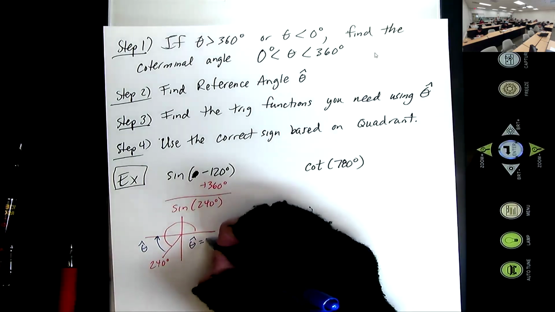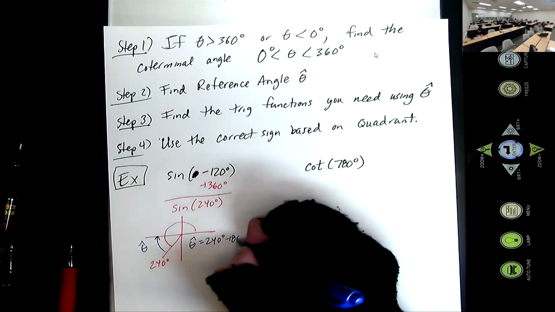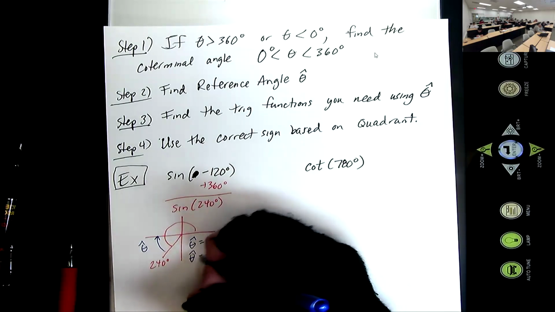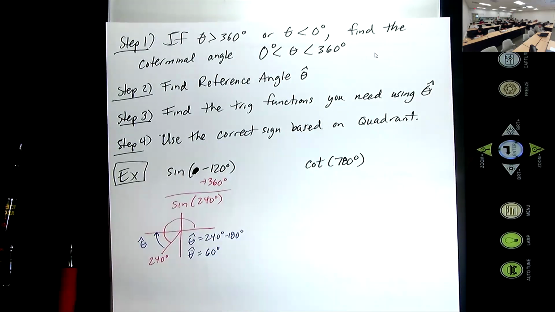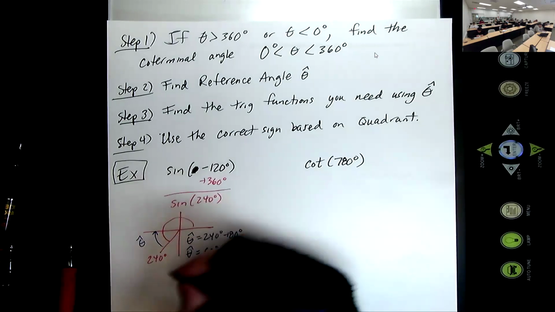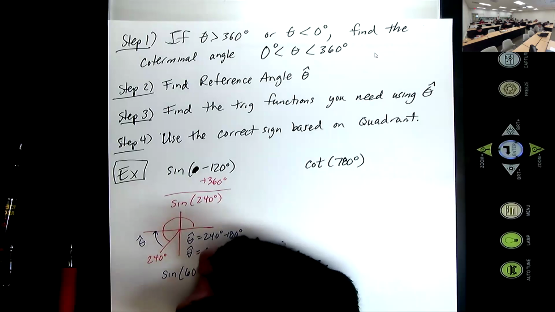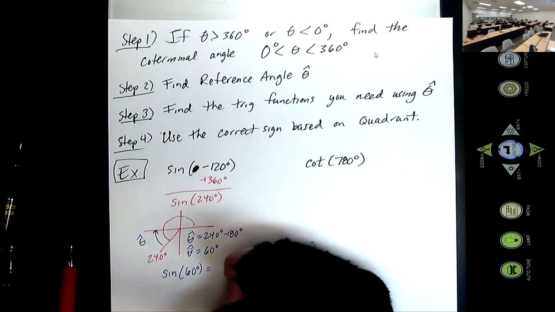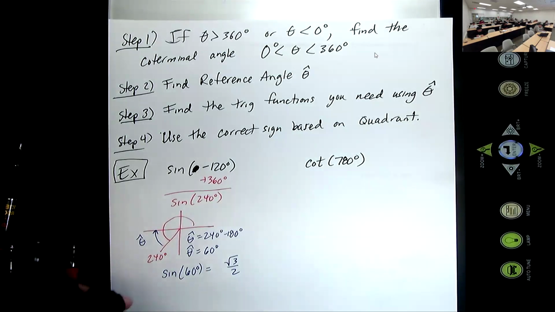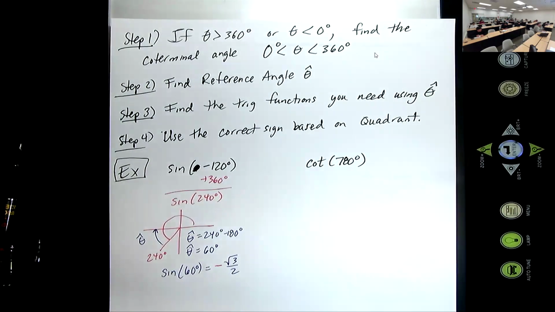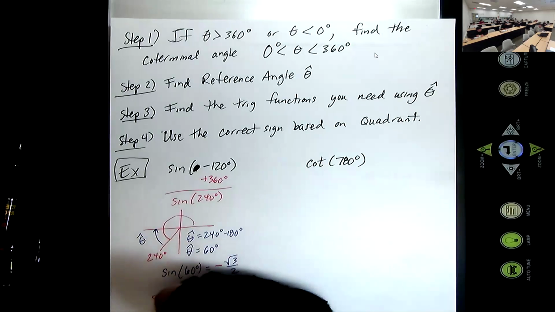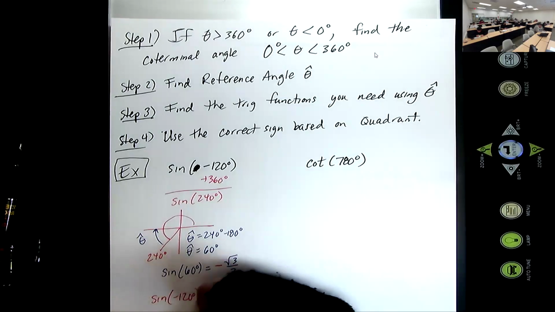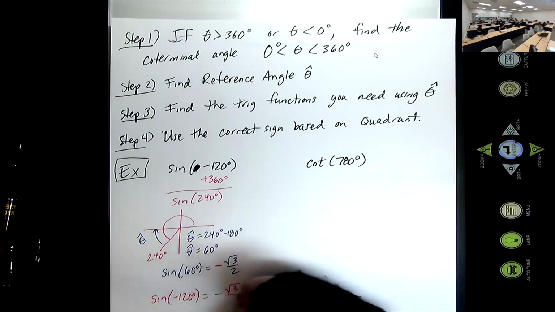Theta hat is 240 minus 180, which is 60 degrees. So I'm looking at sine of 60 degrees. That is square root of 3 over 2. I apply this quadrant and it's negative here. So sine of negative 120 degrees is negative square root of 3 over 2.